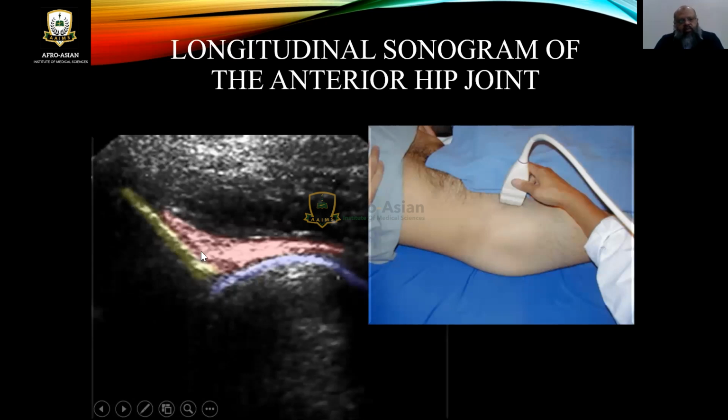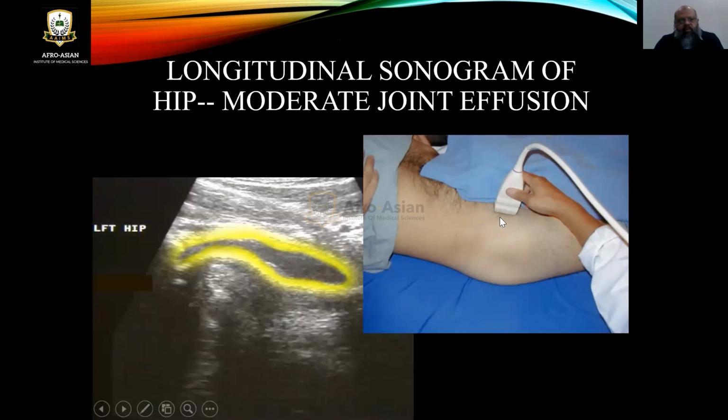This is the anterior of the hip again. We saw this posture before. If there is effusion, for instance, in the hip joint, while scanning the patient transversely, we will get fluid in the joint.